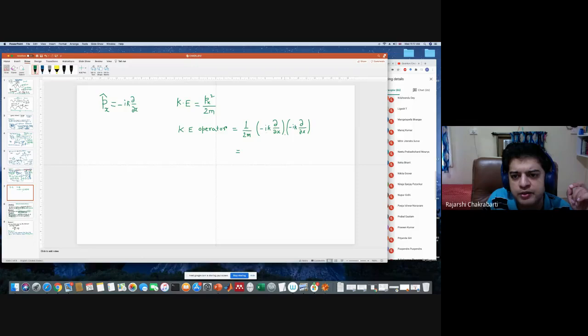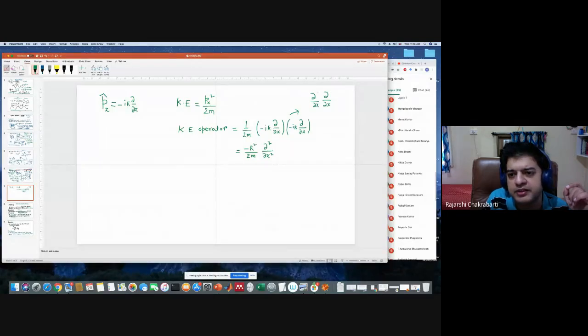These are again constants. If I take them out, what am I going to get? i squared is minus 1, and this minus minus will give you plus. So essentially I get minus h-cross squared by twice m, times del squared/del x squared. Why is it so? Because this is like operating del/del x and then again del/del x, which is essentially taking the second derivative, isn't it?